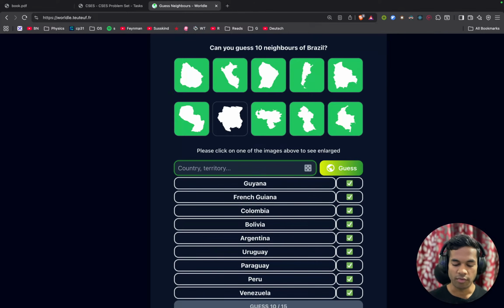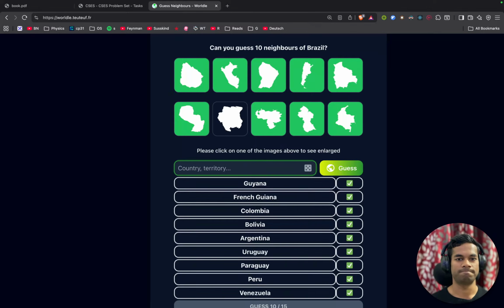Guiana, and one more country, which is like right there on the top right, northeast of Brazil. Guiana, French Guiana, and Georgetown. Georgetown is the capital of that place.